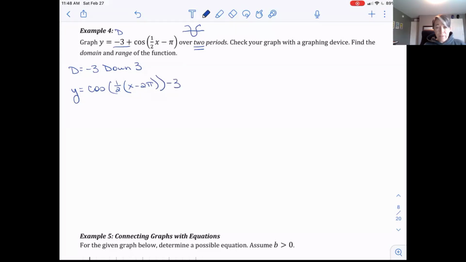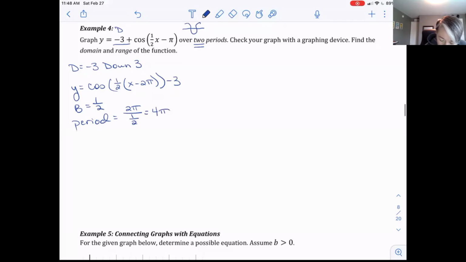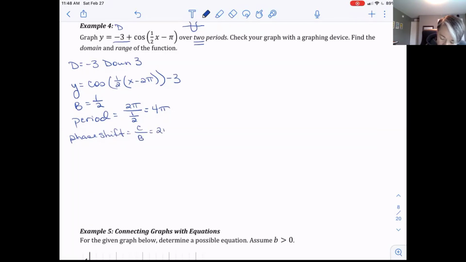So there's no A value, so our amplitude is going to stay at 1. So we've got up to 1, down to -1. We have a B value of 1/2, so that's going to change our period: 2 pi divided by 1/2 gives us a period of 4 pi. And then our phase shift, which remember is C over B, when you factor it out, gave us 2 pi.